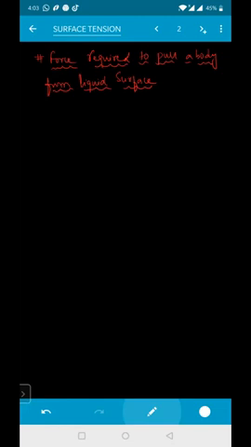Will it come easily upward, or will you require a certain amount of force to move it upward? Some force, sir. Some force, because the liquid surface down is trying to get attracted to your upper surface. So there will be a certain sort of force of cohesion. If you keep your fingers tight on the surface of water and try to slowly remove the hand upward, you can't remove it very easily.